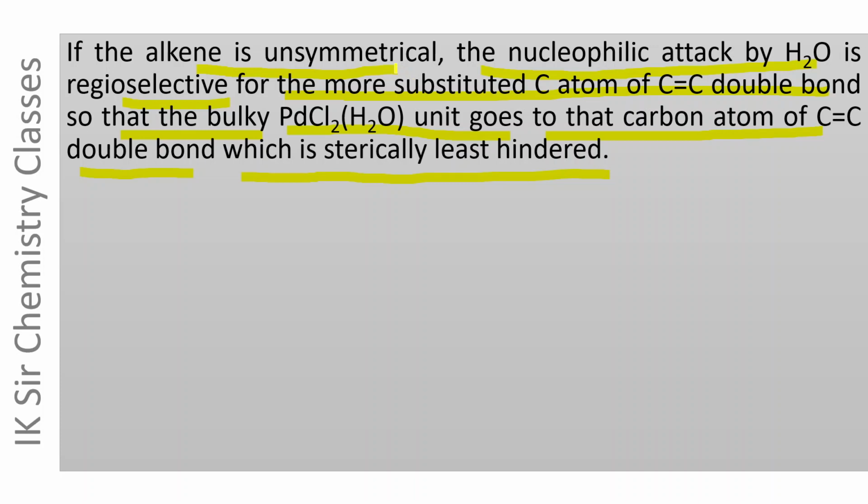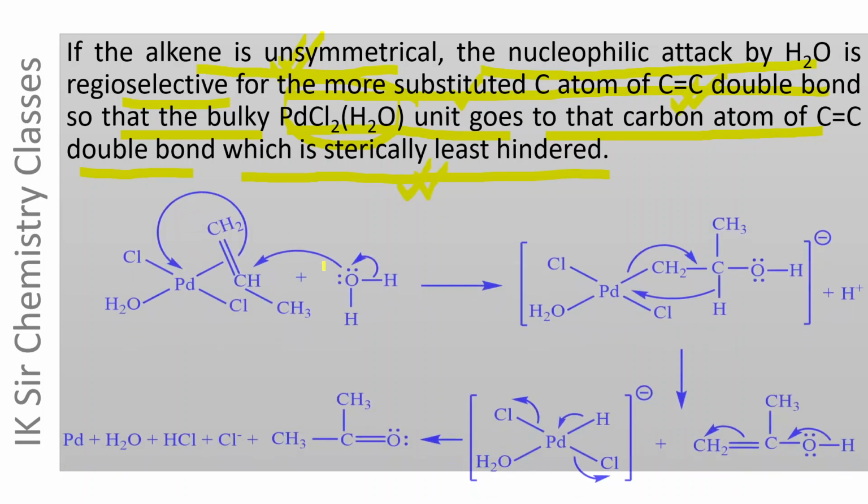If in the Wacker process the alkene is unsymmetrical, the H2O molecule, that is the nucleophile, attacks that carbon atom of the carbon-carbon double bond which is sterically more hindered, more substituted, so that this bulky unit goes to that carbon atom of the carbon-carbon double bond which is sterically least hindered, as illustrated below.